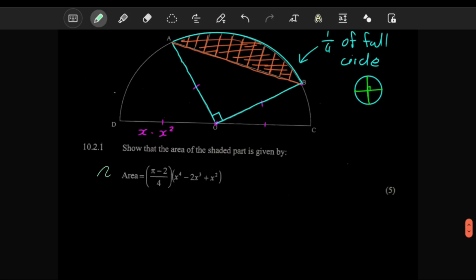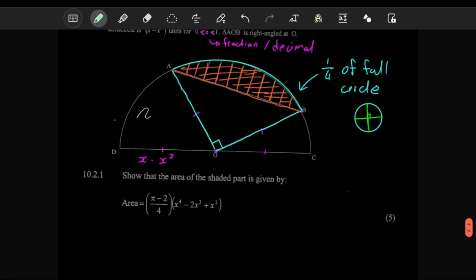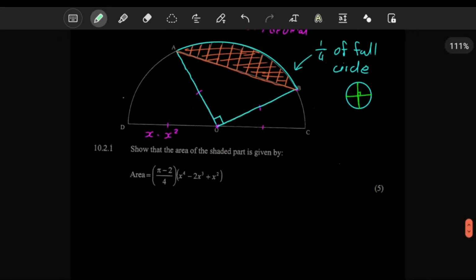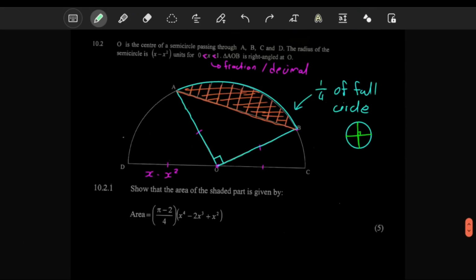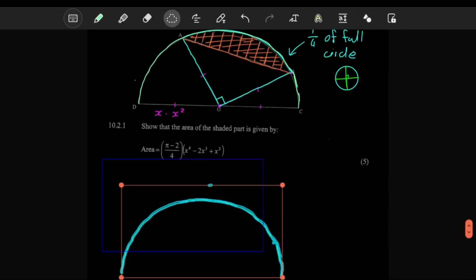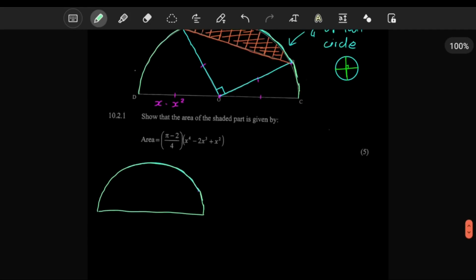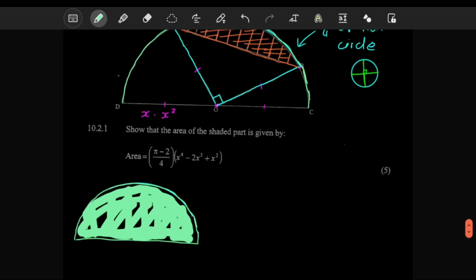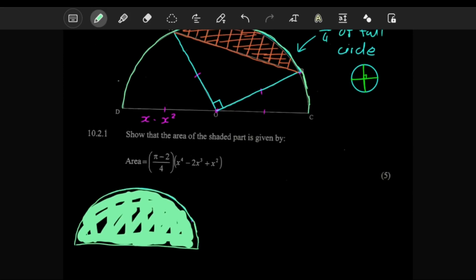We can get the area of the semicircle and then subtract the area of this triangle here. We get that full area, and after getting it, we just need to subtract. Oh, what do we need to subtract?